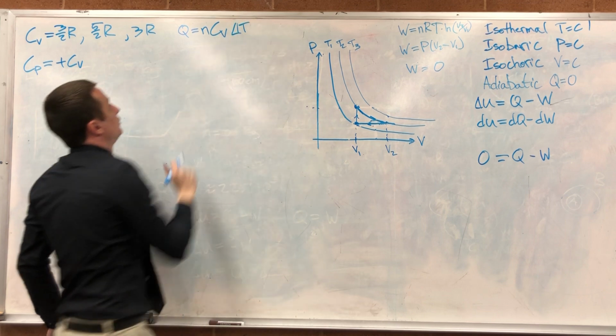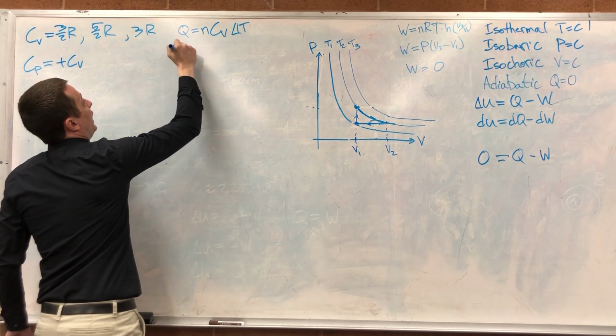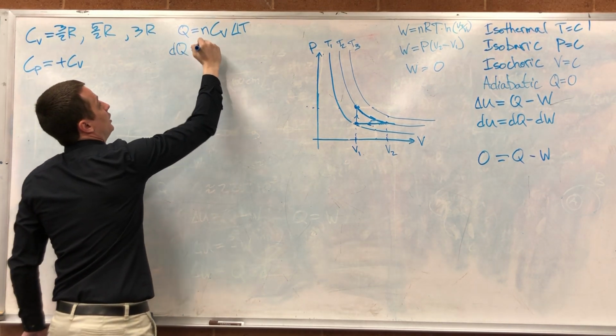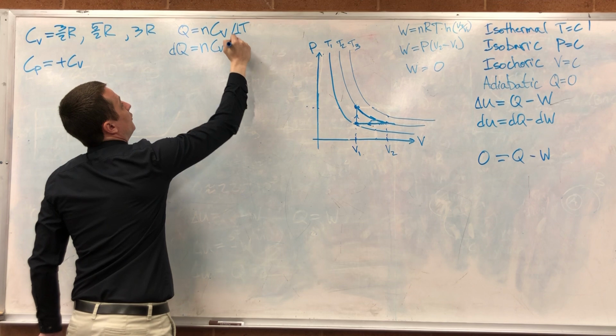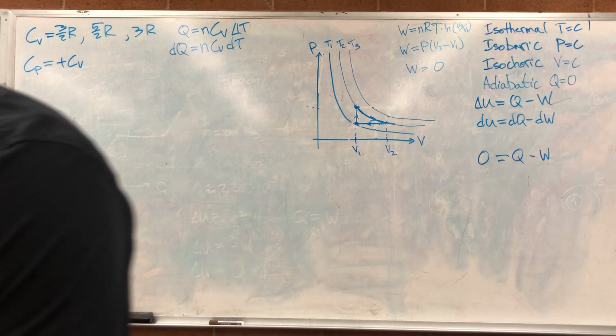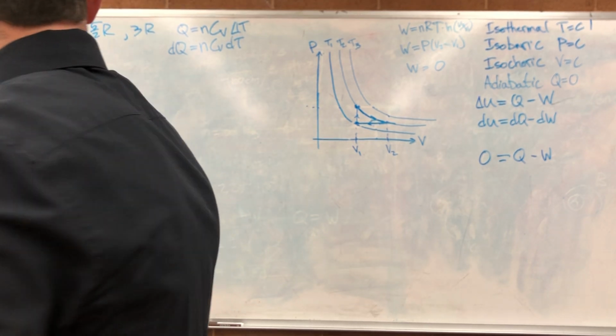This is what we were using in the previous chapter for heat. The differential form is, if we add a very small amount of heat, dq equals n times CV times a very small change in temperature, dT.